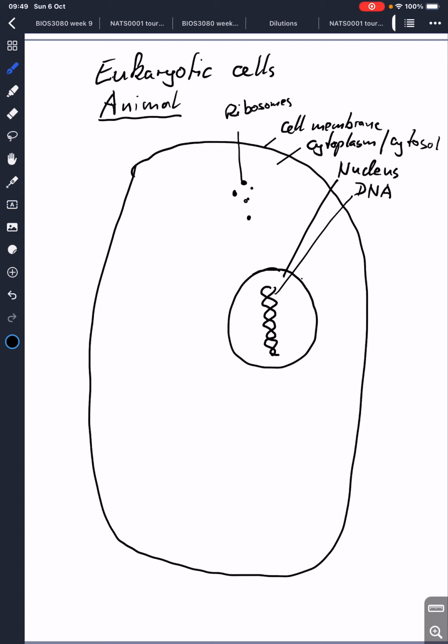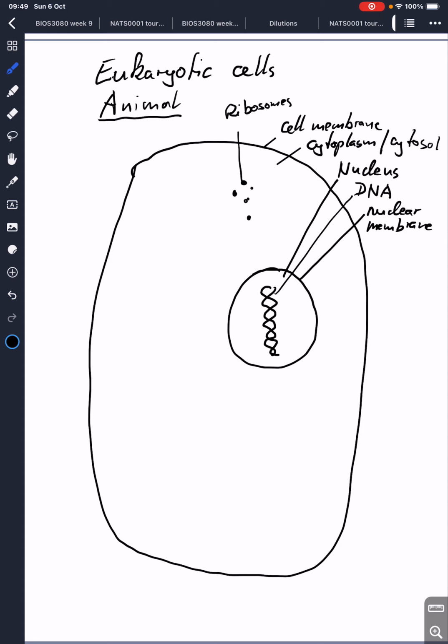The nucleus has a nuclear envelope, nuclear membrane, and this membrane actually is made up of phospholipids again, similar to the cell membrane, and it provides a specialized compartment, this nucleus, where the genetic information, the DNA, is stored.